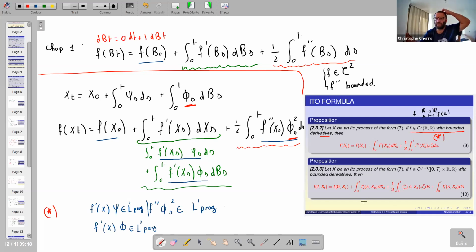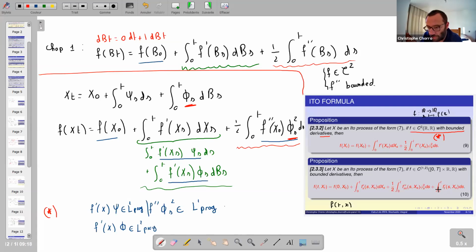It's just to say that I can do exactly the same thing if I have a mapping not depending only on small x, but a mapping depending on time and small x, simply. So I am interested in f of t, X t. I apply this mapping to my Ito process, and I have the same kind of formula here.